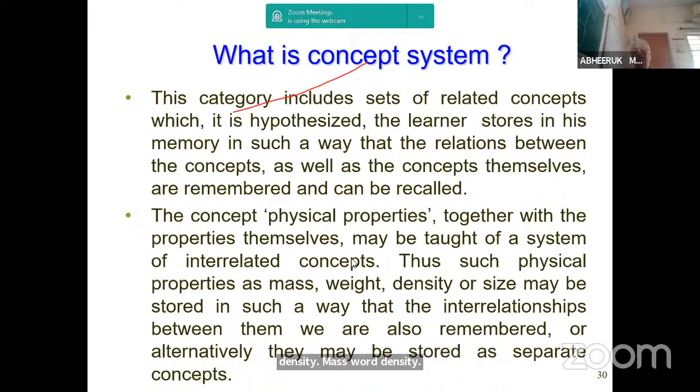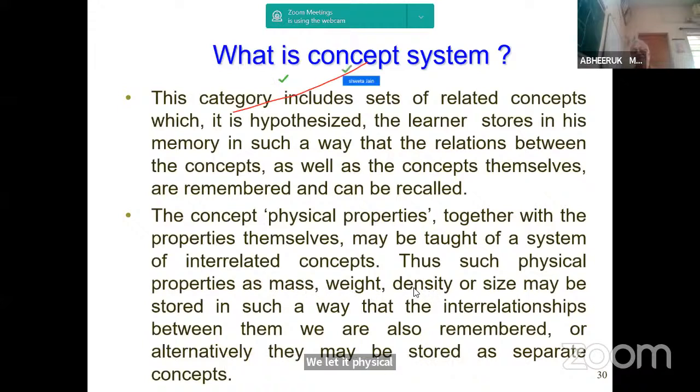Together, these are actually related. Density, and another is size, volume. So if you don't explain volume and mass, then when you want to teach density, he should know mass and size also. So these are taught together. This is a group of related physical properties. This is called a concept system.